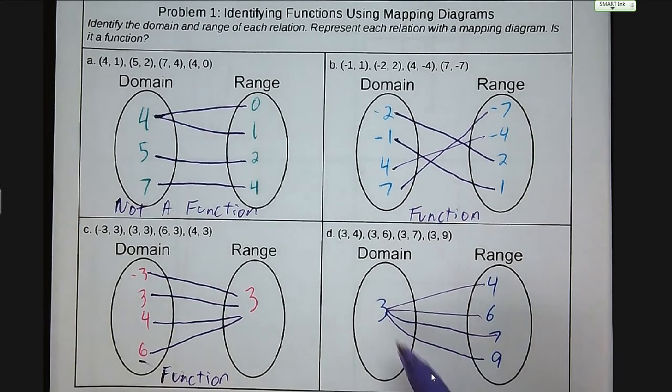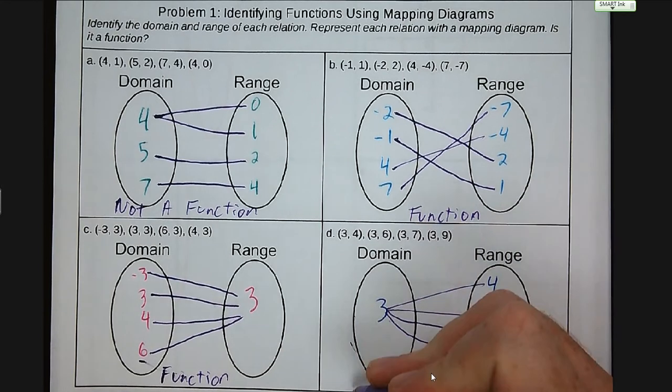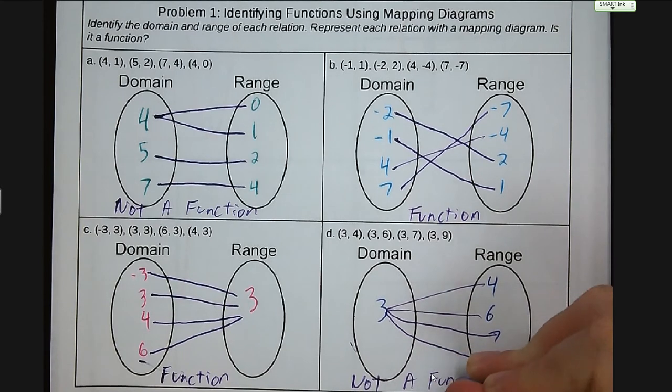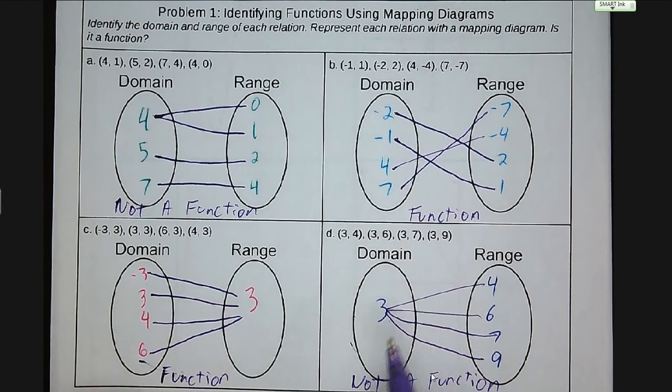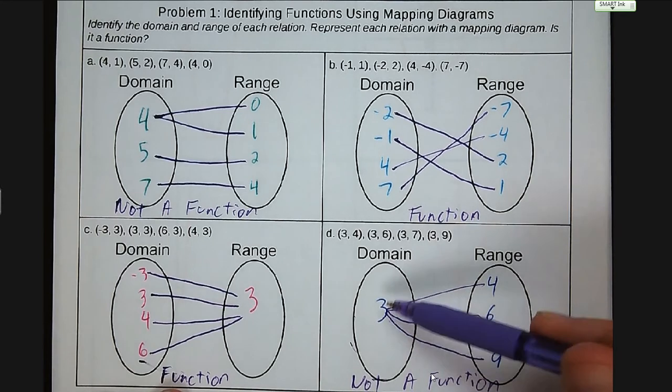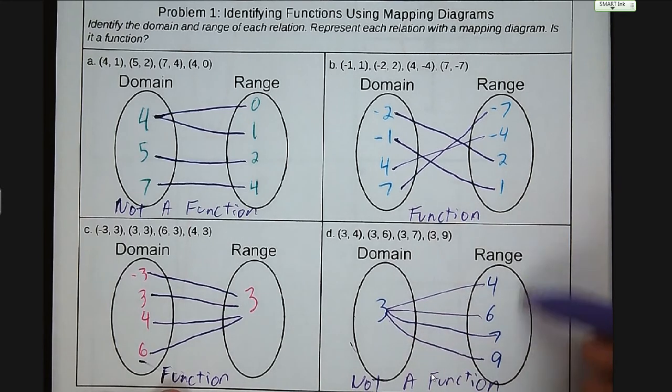So this one input has 4 different outputs. So that is not a function. An example like this would be a vertical line, something to the effect of x equals 3. Our input will always be 3, and our output will vary infinitely.